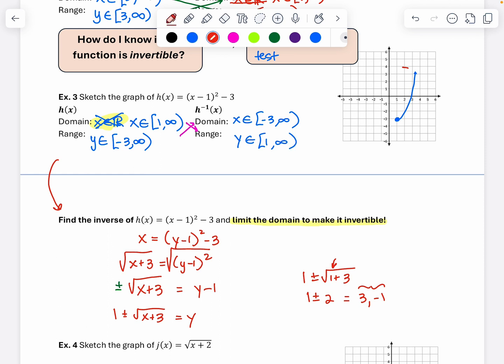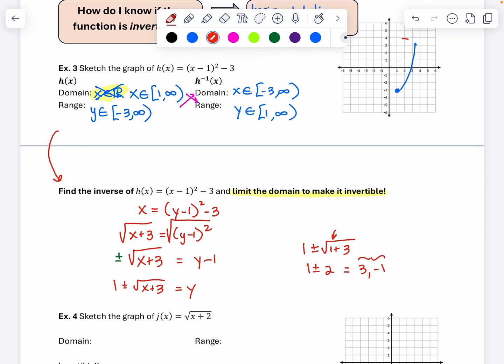Coming back down here, when we have that plus or minus, we are just going to stick with the positive, so that it is a function. So I'm going to change that so I have just plus. And so my inverse function, h inverse of x, is 1 plus root x plus 3.